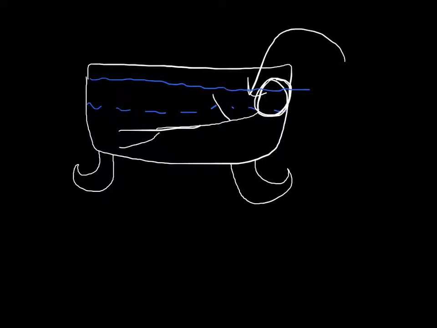Now the amount that this water level went up, and we can figure out what that is, is the displaced fluid. It's the amount of water that actually rises when you get into a bathtub or something. This is the displaced fluid. And if you weighed that displaced fluid, it would be equal to your weight.